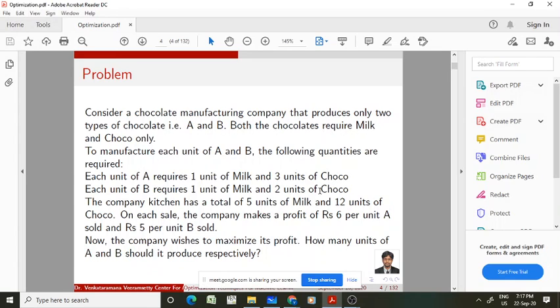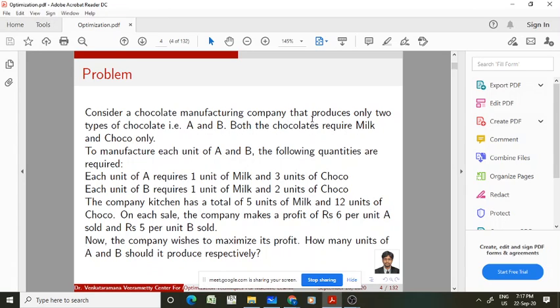Let's assume there is a chocolate manufacturing company that produces only two types of chocolates, A and B. To produce both chocolates, the required raw materials are milk and choco.